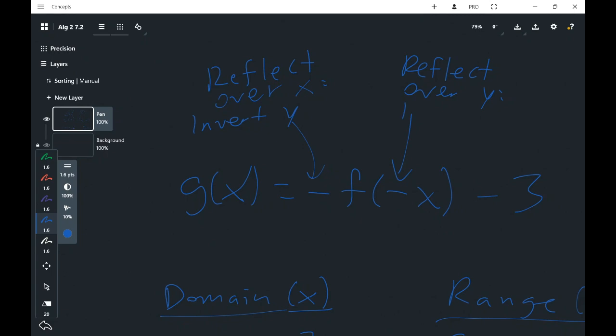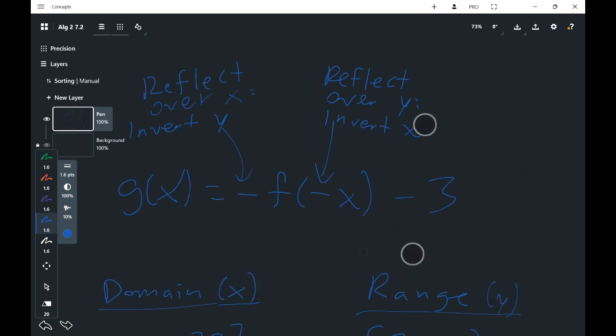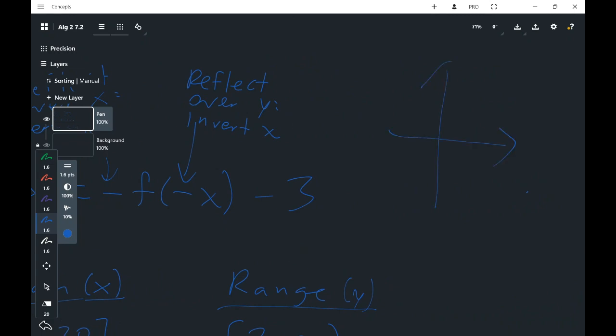And same deal, this time we're going to invert the x values. If you need a visual, we start here, we reflect it over the y-axis, the x values become negative. And final step here, this minus 3 is a shift down by 3. So it's y minus 3.